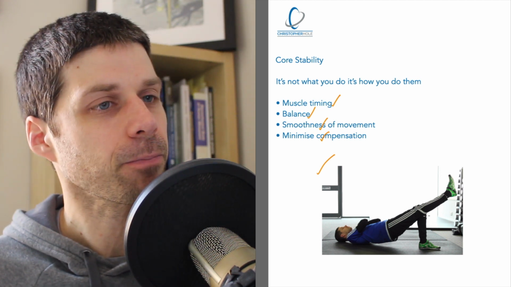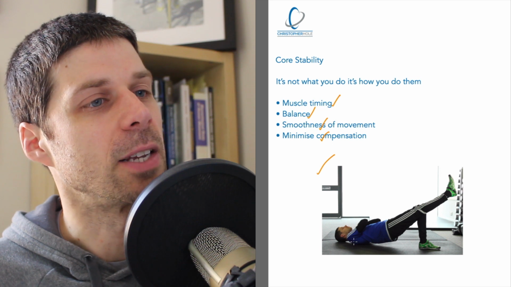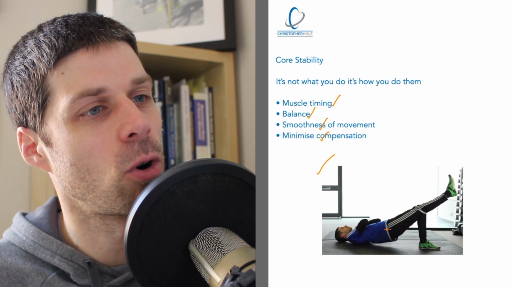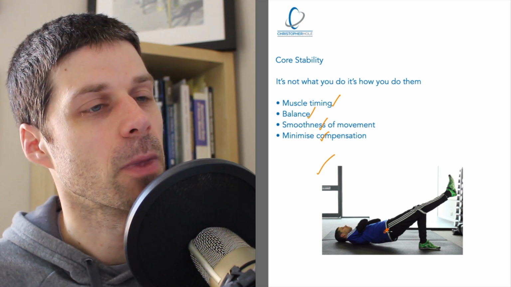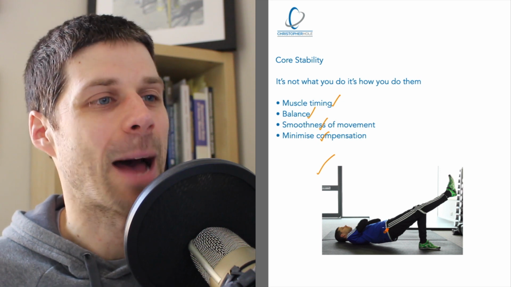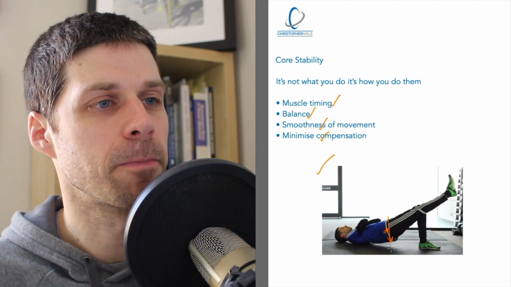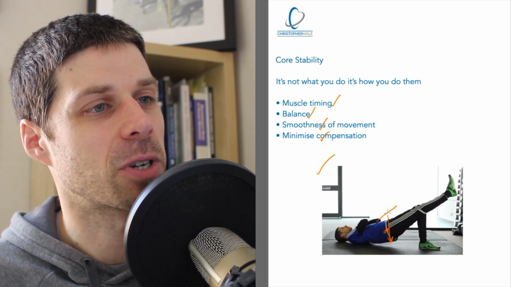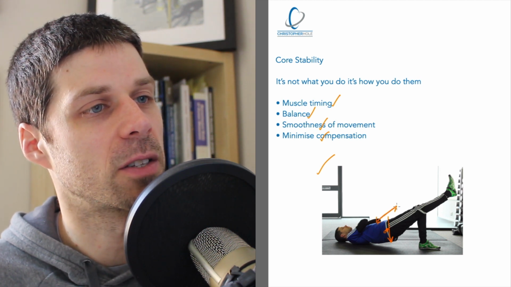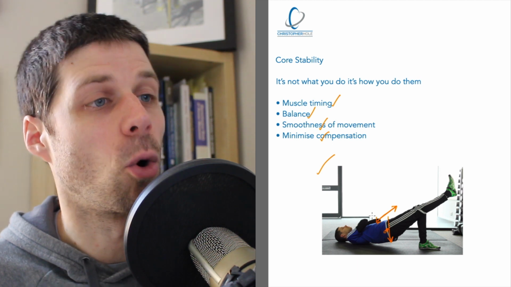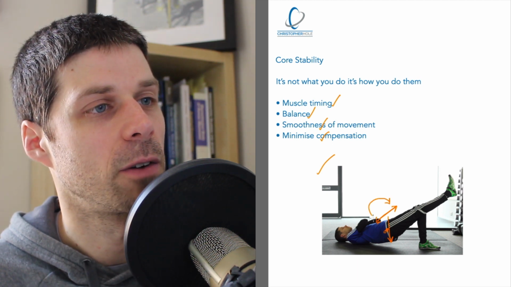Now, what we're trying to maintain, just like before, is the centered hips. But what can happen is hips can drop, which is probably the most common one. Again, hips can go side to side as the leg is picked up, or the hips can roll from side to side.